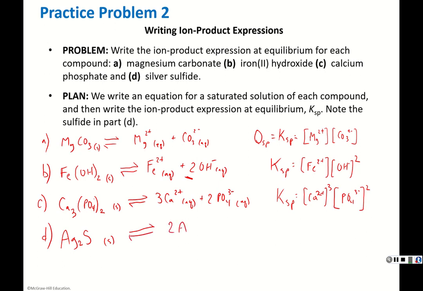So we get 2 Ag+ aqueous plus S 2- aqueous. And our KSP is silver plus squared times S 2-.